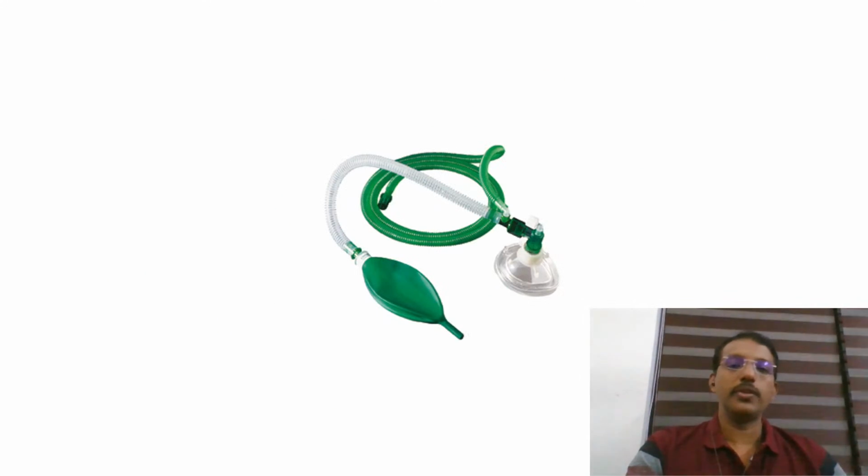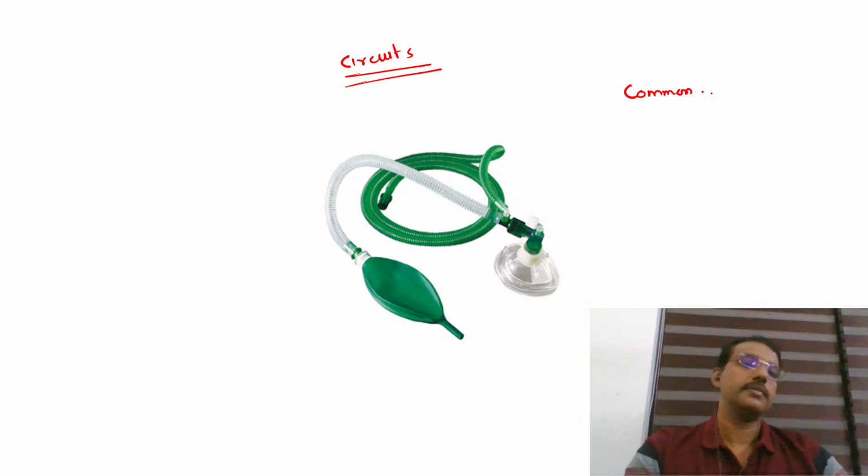Next, coming to the circuits. Breathing circuits is a big concept. The commonest circuit what we use in an adult is called a Bain circuit. I hope all of you will remember. It is called a universal circuit which is used in adults. Okay. Now, what is this circuit?